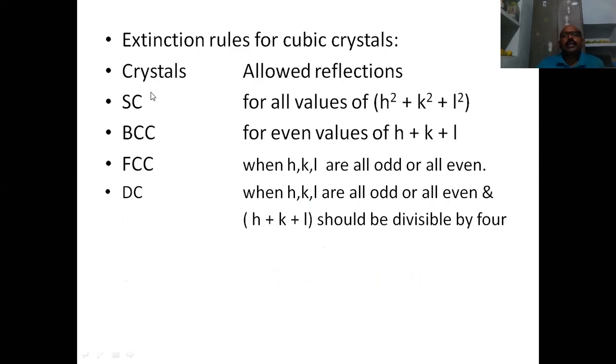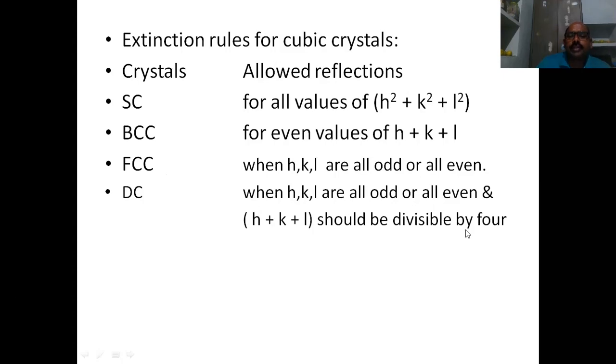So here are the crystal type and allowed reflections. If we observe the reflections for all values of h square plus k square plus l square, we come to the conclusion that it is a simple cubic crystal. If the reflections occur for even values of h plus k plus l, it is a BCC crystal. When h, k, l are all odd or all even, it is an FCC crystal.